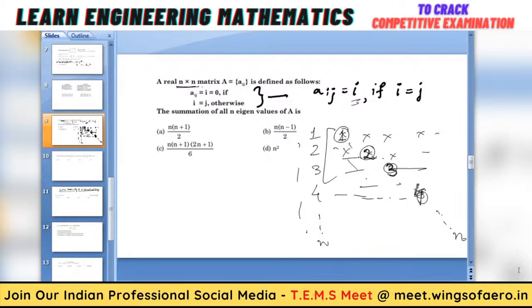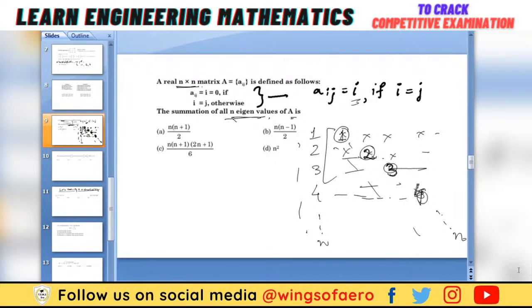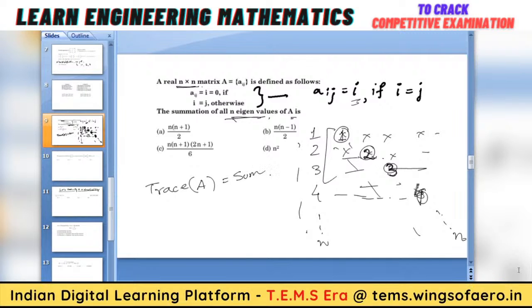Okay, and if I add all these numbers, the summation of all eigenvalues of A. One thing I didn't tell you: the trace of the matrix, that is trace of A, is equal to the sum of all eigenvalues.